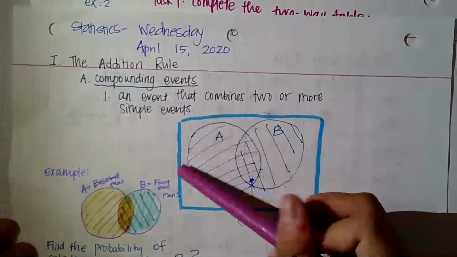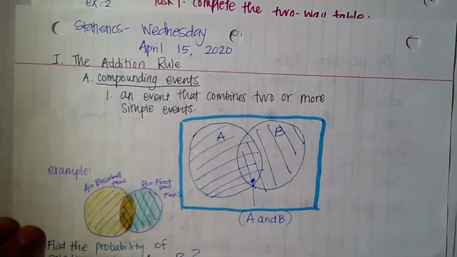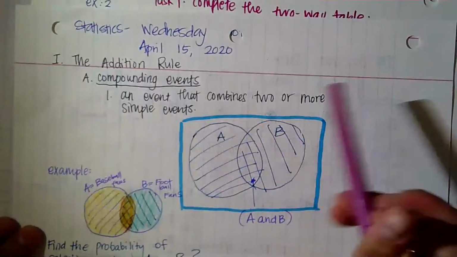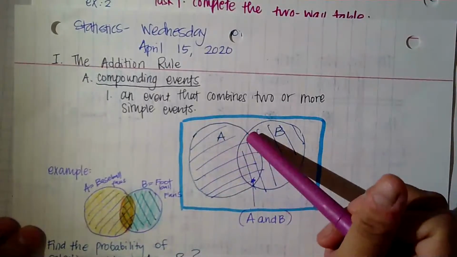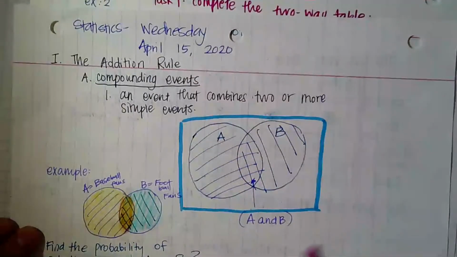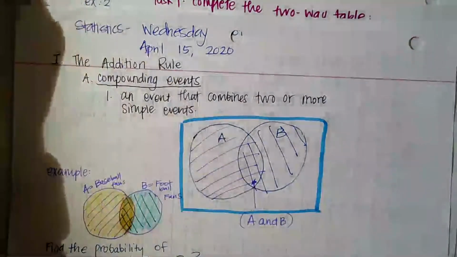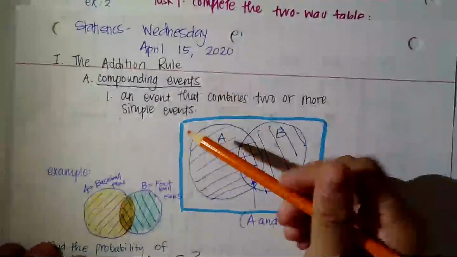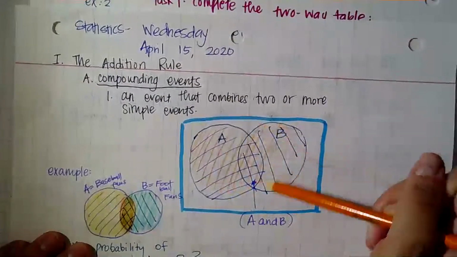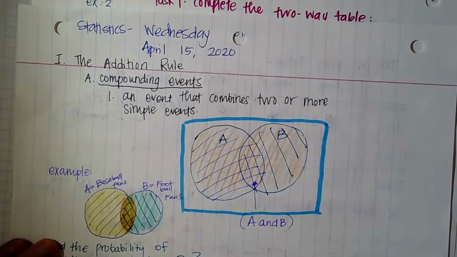So if I want to choose, let's say this is the universe of possibilities, right? And I have a Venn diagram that showcases this compounding event of A and B. So here's A, here's B with that little overlap. If I want to figure out what is the probability of me choosing A or B, that's really asking for what is the possibility of me reaching that area that I just shaded in.